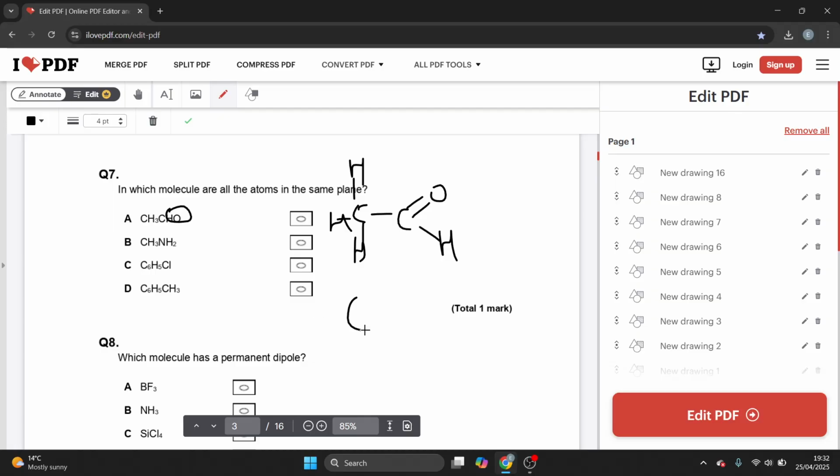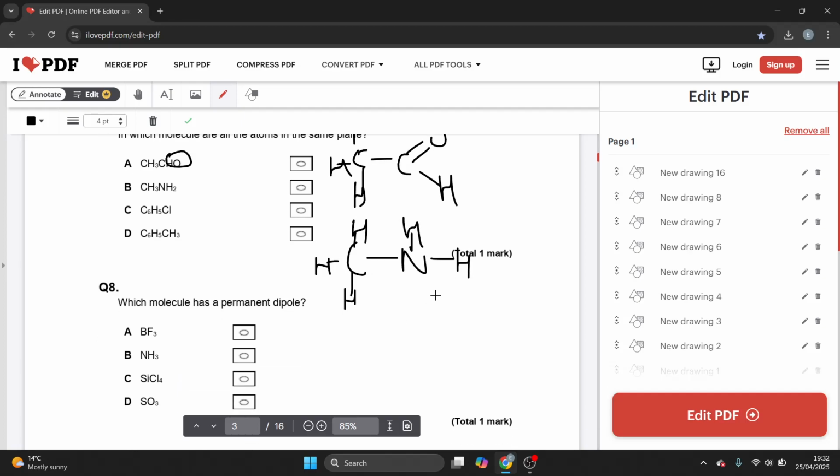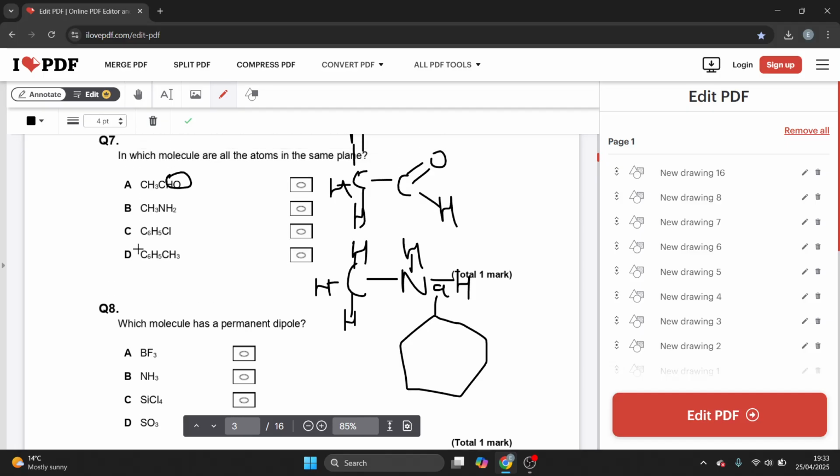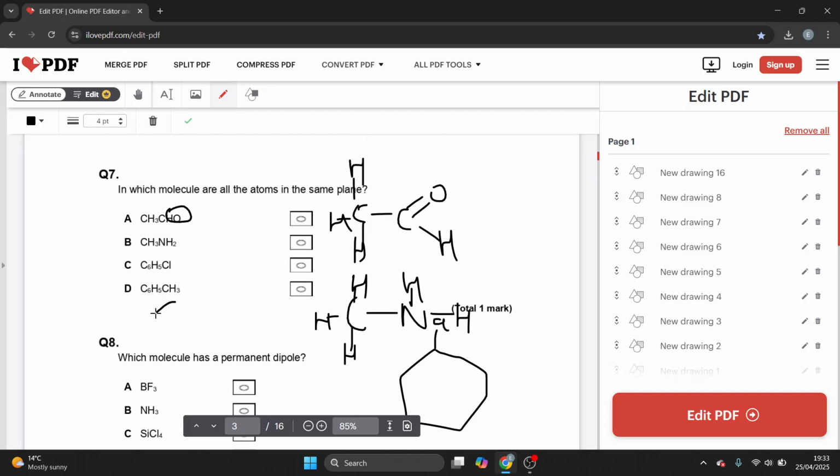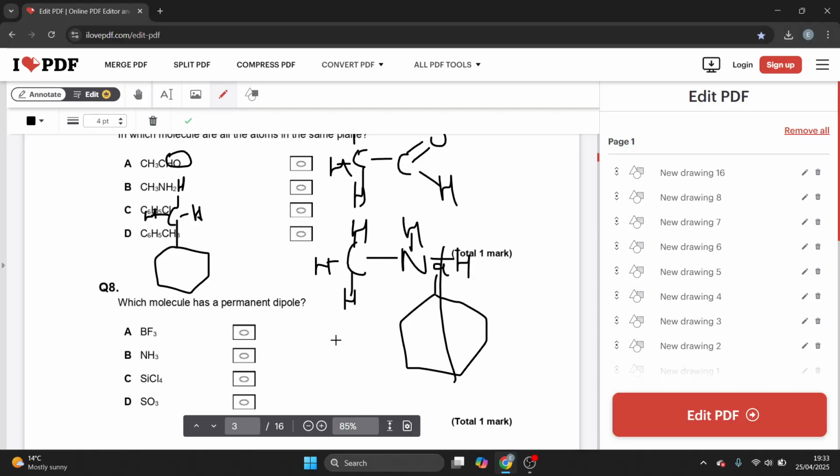Whereas if I look at B, CH3 and H2, and if I look at C, Cl. That's the structure of C. Whereas if I look at D, CH3. So in which molecule are all the atoms in the same plane? It's going to be C.